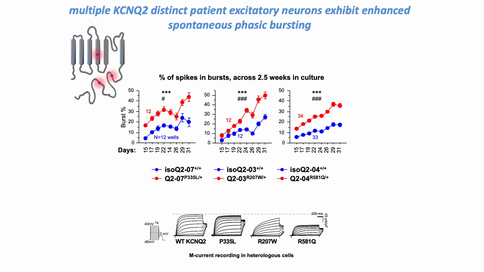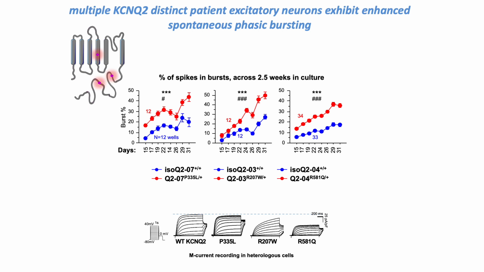Using the same approaches that I described earlier, we're finding that multiple patients harboring distinct mutations in the KCNQ2 gene share the same enhanced spontaneous phasic bursting phenotype as measured on a multi-electrode array. Specifically, I'm showing you here 2 additional cases next to the R581Q individual shown here on the far right.